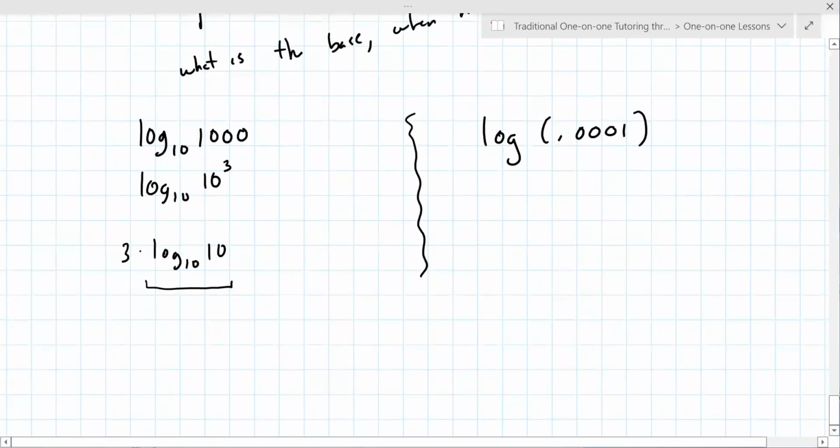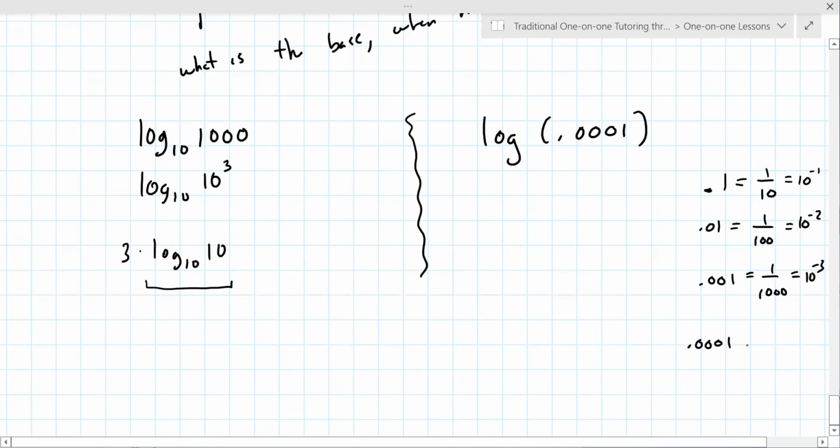So I'd find what power the 0.0001 would be to equal 10. Like if I'm helping you a little bit here, I'm going to remind you that 0.1 is 1 over 10, which is 10 to the minus 1. 0.01 is 1 over 100, which is 10 to the minus 2. And this is only if you just haven't done it in a while.